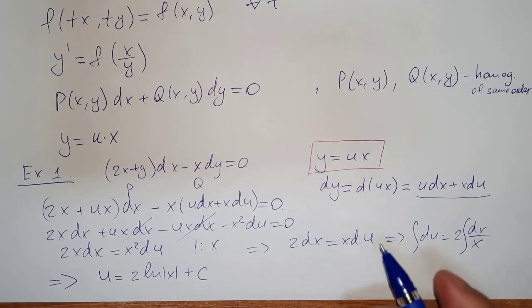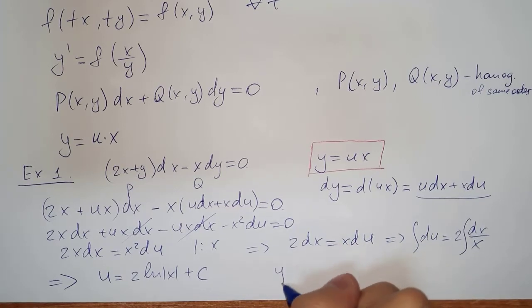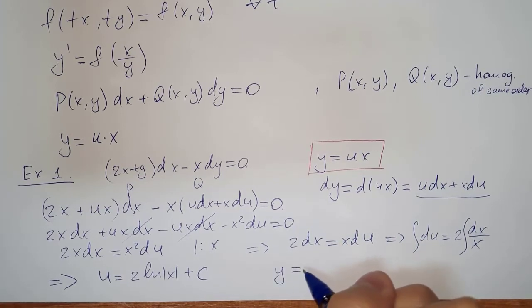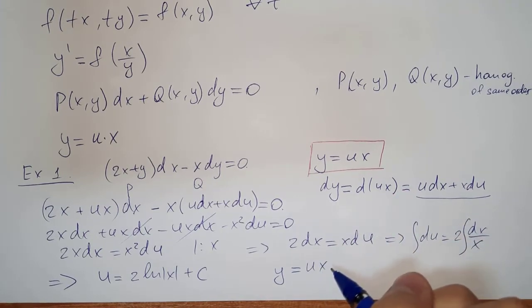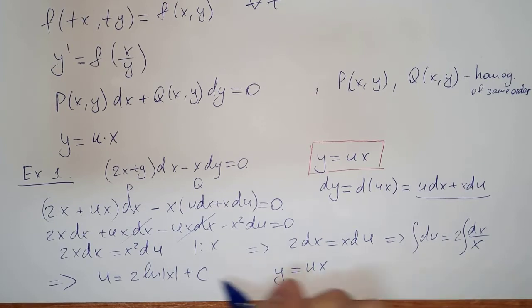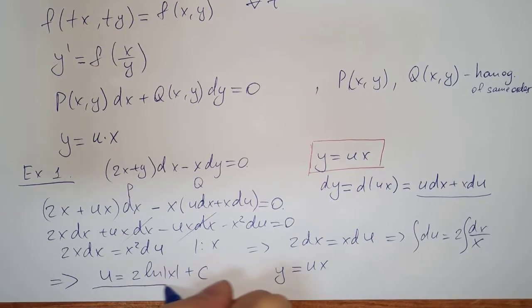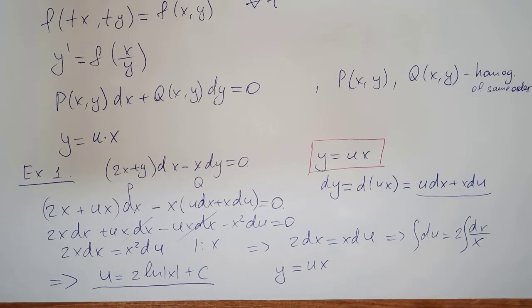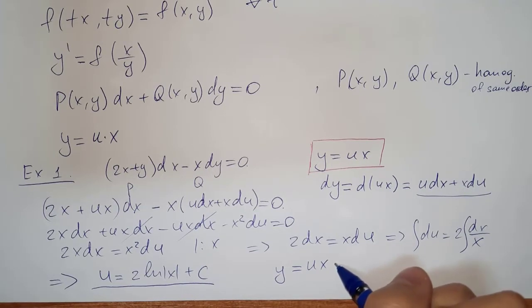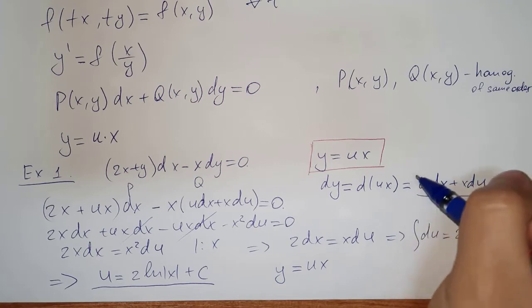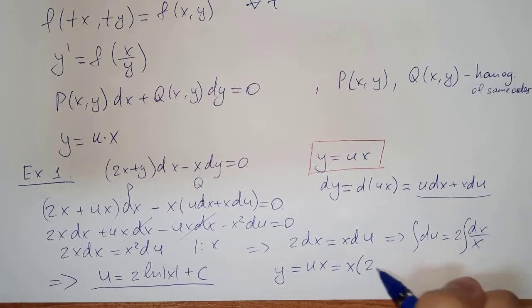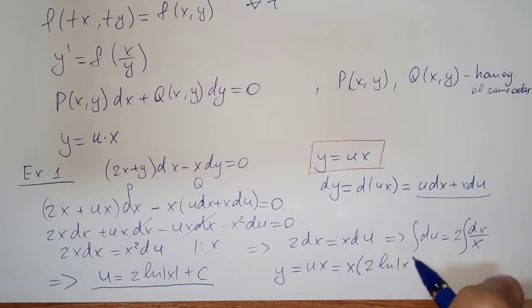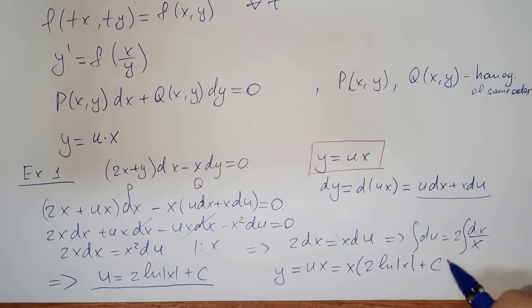We'll get y equals x times u, where u is 2 natural logarithm of absolute value of x plus C.